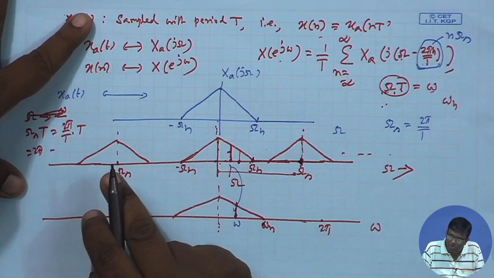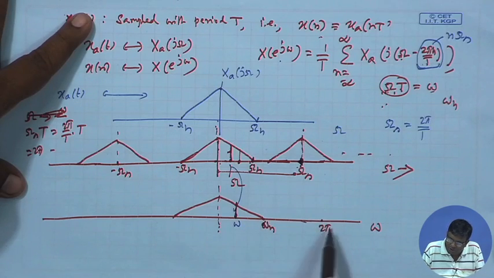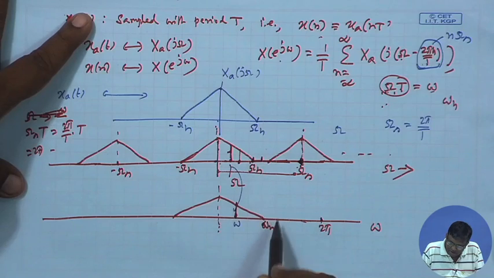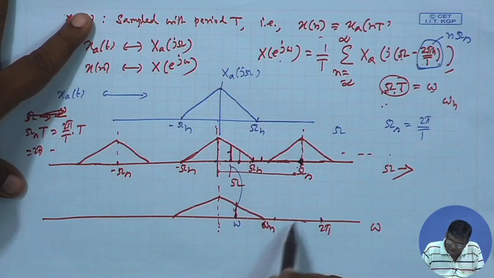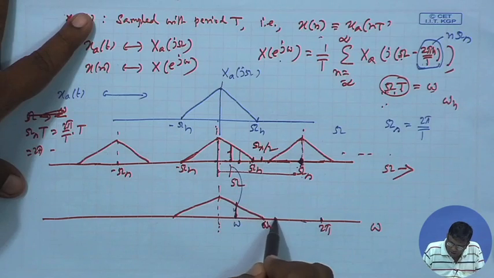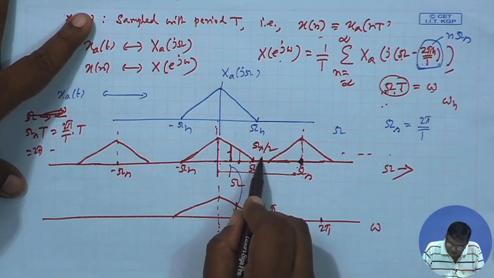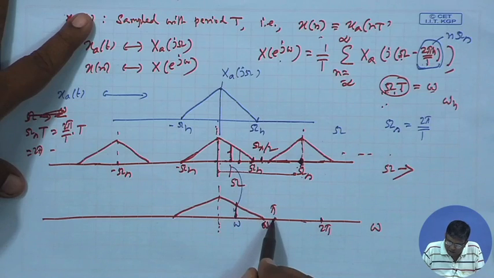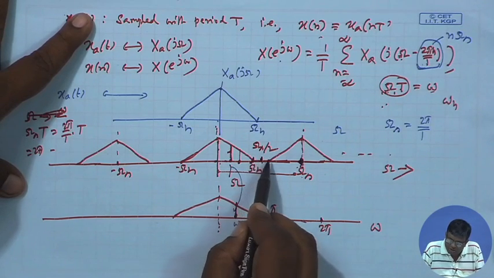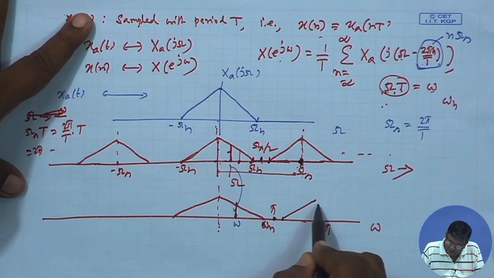Whatever period you apply, the analog sampling frequency will always map to 2 pi. So, half of it, omega s by 2, will map to pi. Since this is to the right of capital omega h, pi is to the right of small omega h. Since this is to the left of this point, it is left of this point also here, otherwise the shape will be the same.